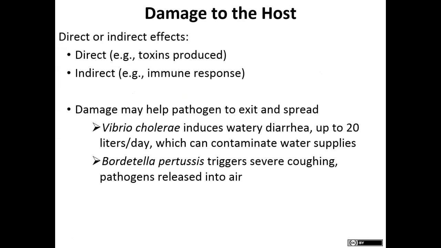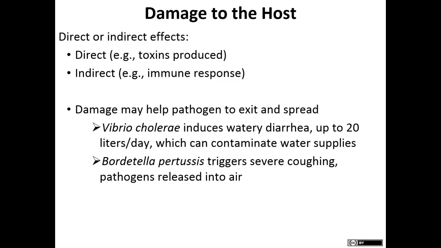Direct damage occurs by actual toxins, whereas indirect damage occurs because of the immune system being so strong and causing a severe inflammatory response.